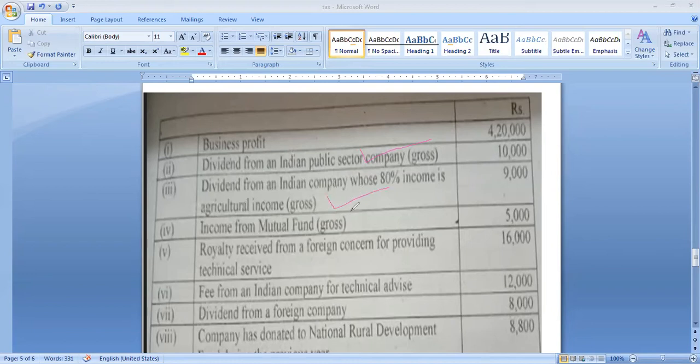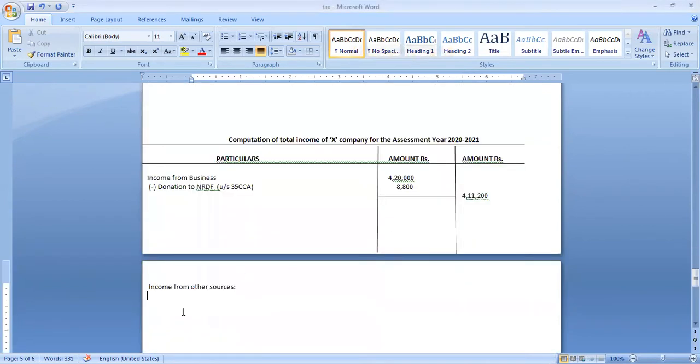Income from mutual fund is also exempt. Dividend from an Indian company is exempt, whereas the dividend from a foreign company is taxable. But you have to mention these items and write them as exempt. Please remember.